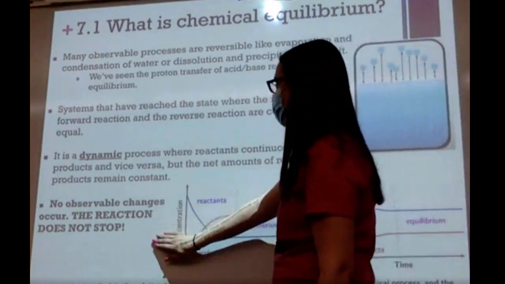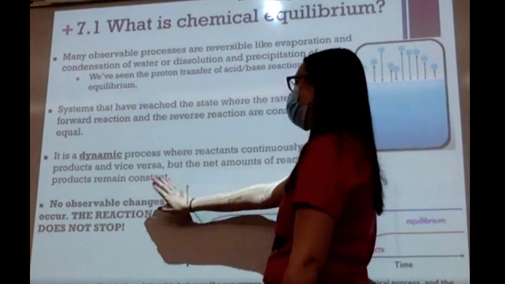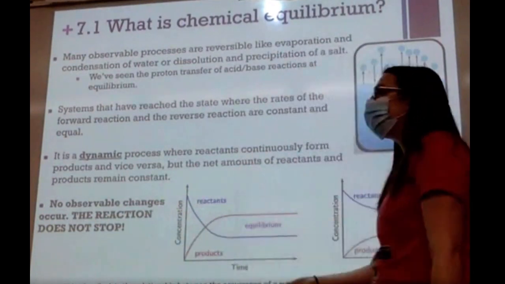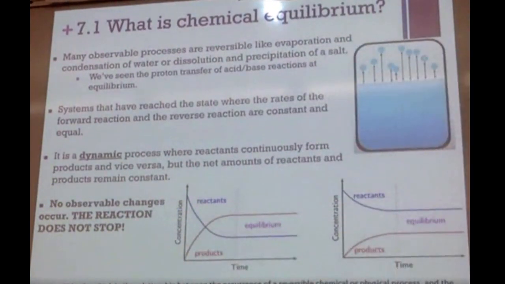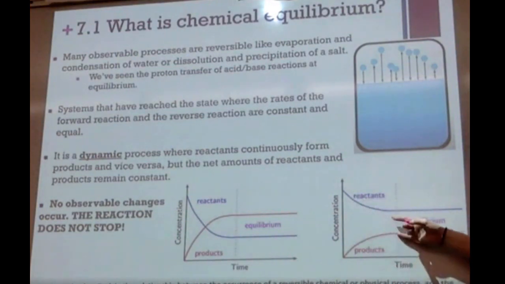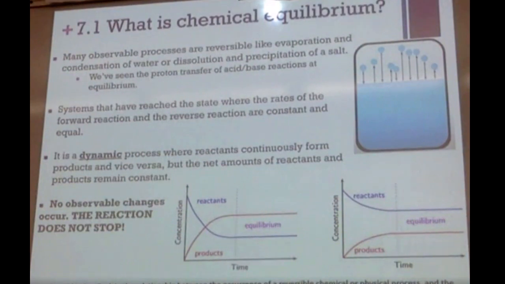I put that in capital letters here, bolded. Although we don't see any changes occurring, that doesn't mean the reaction stops. The reaction keeps going, but there's just no net change. Reactants are converting to products at the same rate that products are converting to reactants.